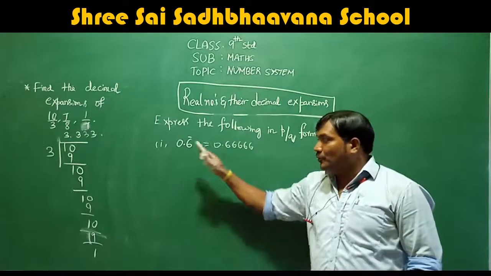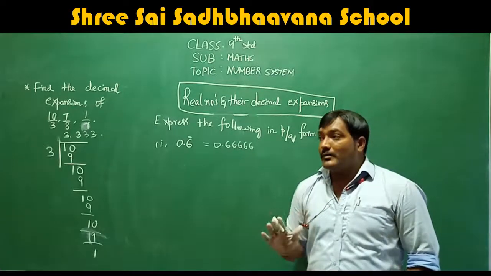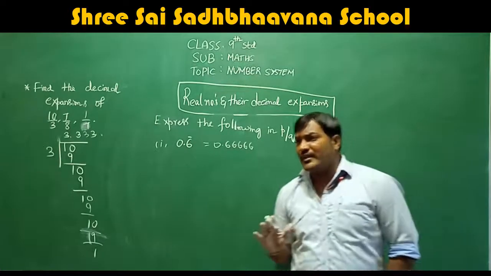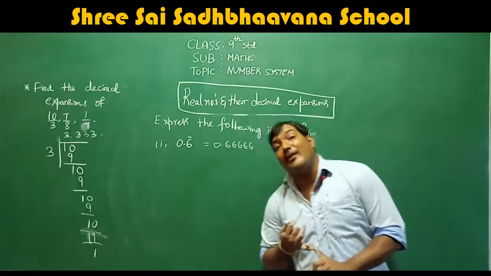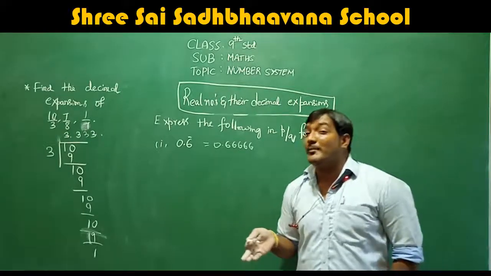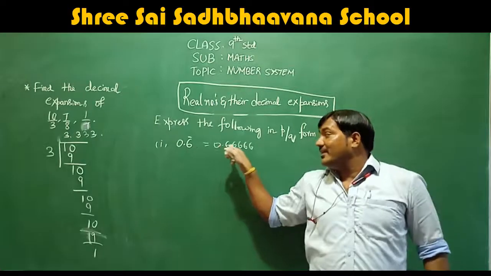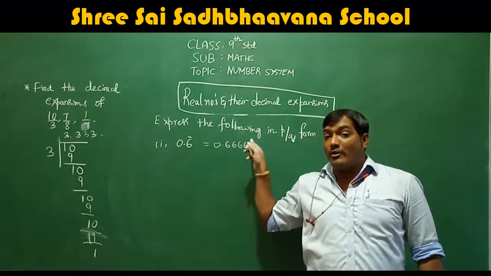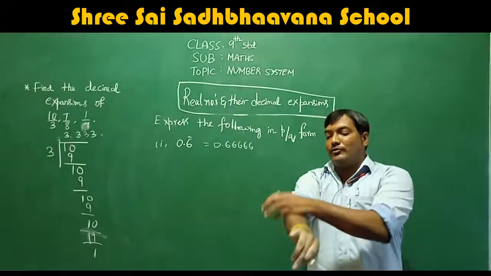So how can you prove that, or how can you write this in p by q? Remember one thing, students. Any number which can be written in p by q form is called a rational number. A number which cannot be written in p by q form is an irrational number. So this is a non-terminating decimal and a repeating decimal, so this can be written in p by q form.